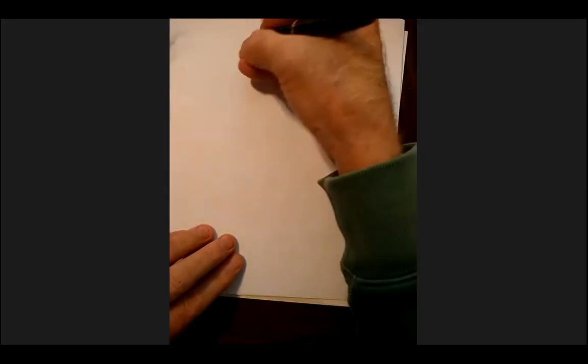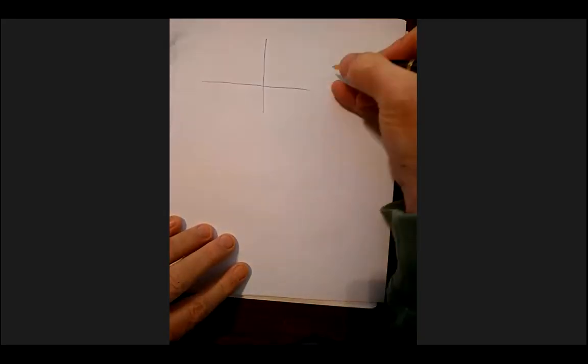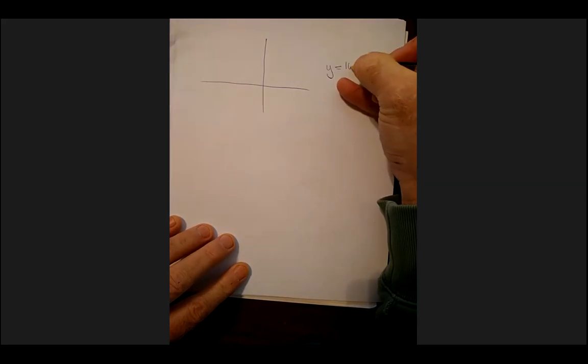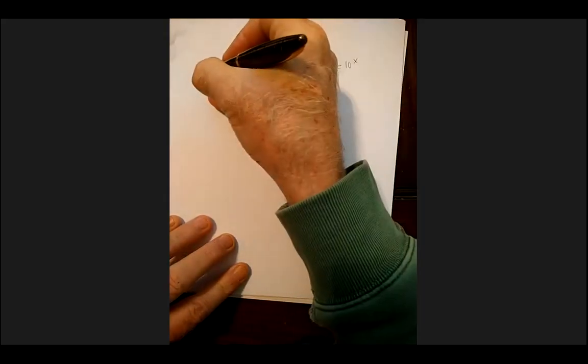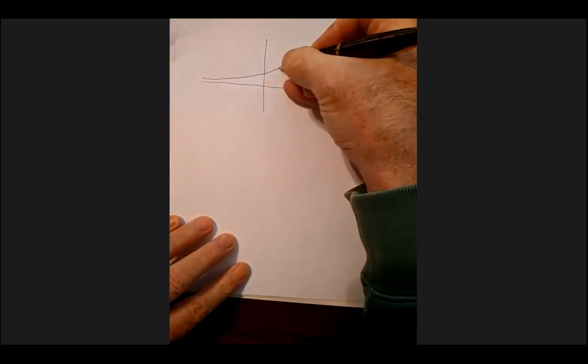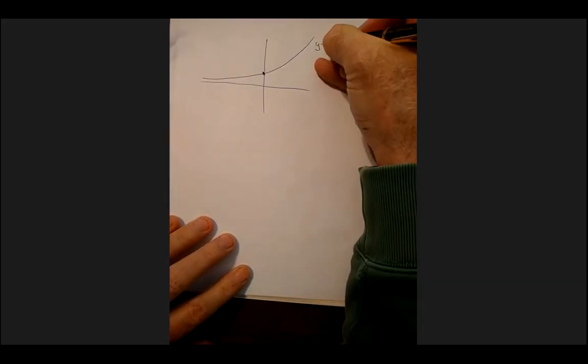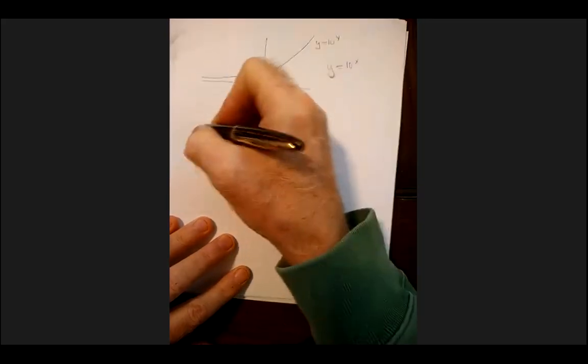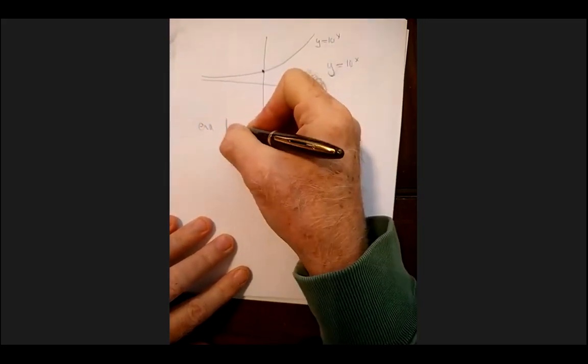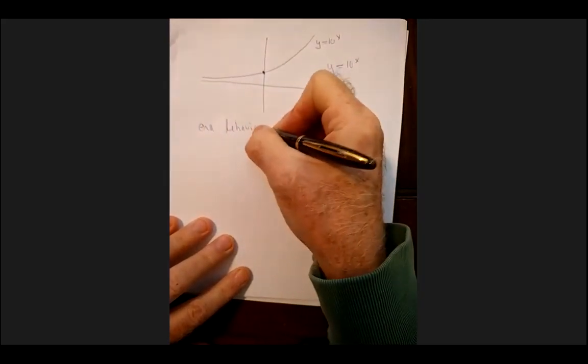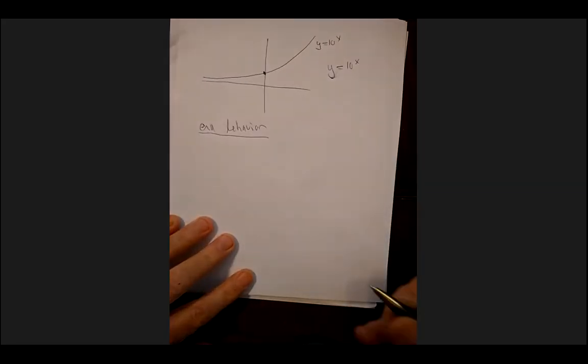So I'm going to look at the graph of y equals 10 to the x as an example. And it looks like this. And then the end behavior. I just wanted to give us some better language for it, which I probably should have done in the first place.